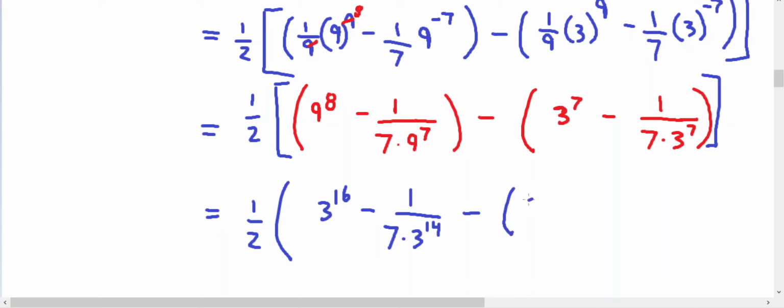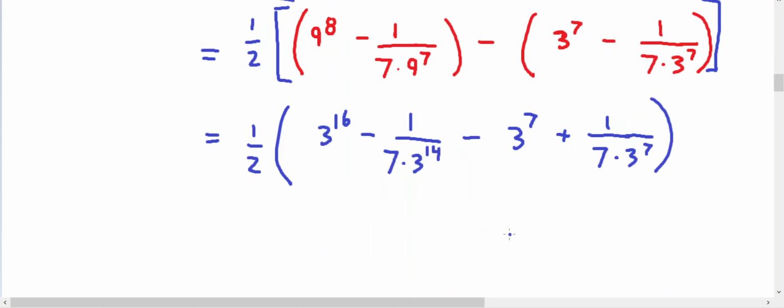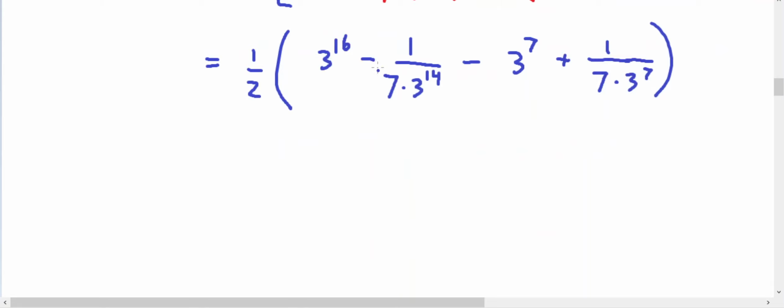Minus 3 to the 7th. I guess we can carry that minus the way through, so minus 3 to the 7th, and then distributing here, we get plus 1 over 7 times 3 to the 7th. All right. So lots of powers of 3 floating around, but that's okay. 1/2 times the big quantity.